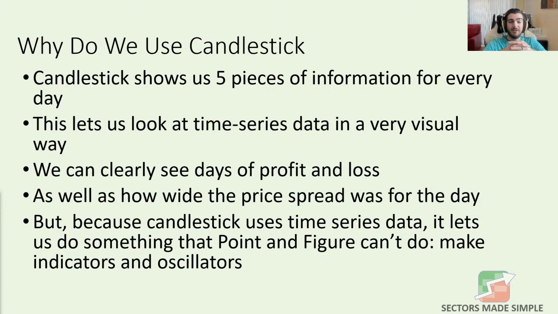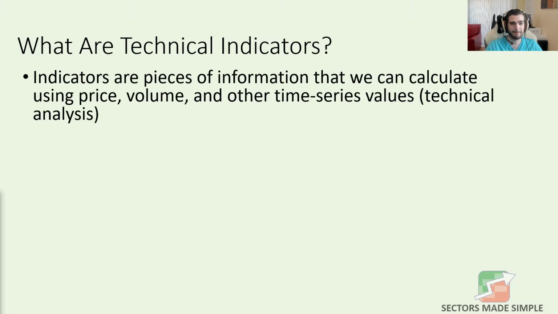And these all fall into the same group known as technical indicators. Technical indicators are big freaky words to just say it's pieces of information that we can calculate, usually math, to take price, volume, or other time series values that we have and do technical analysis with them.